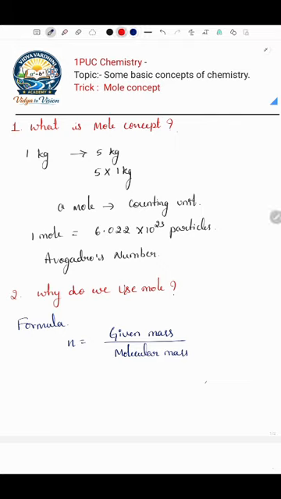Let us solve one simple numerical. Find the number of moles in 18 grams of water. So this 18 grams of water is the given mass.